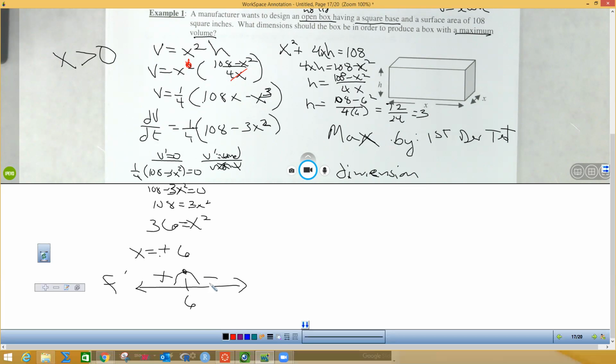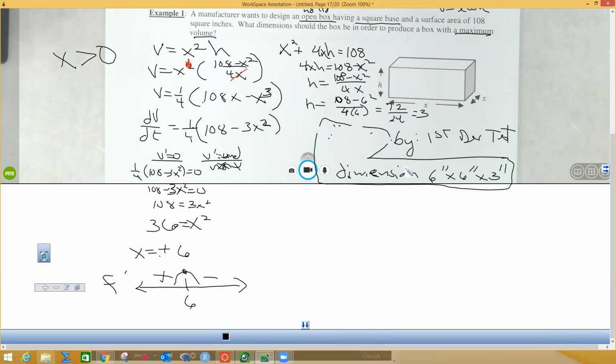There's x by x, so our x is 6. They're going to be 6 inches by 6 inches by this h we found, 3 inches, will be the maximum dimensions. So the dimensions of this will maximize the volume of our box.